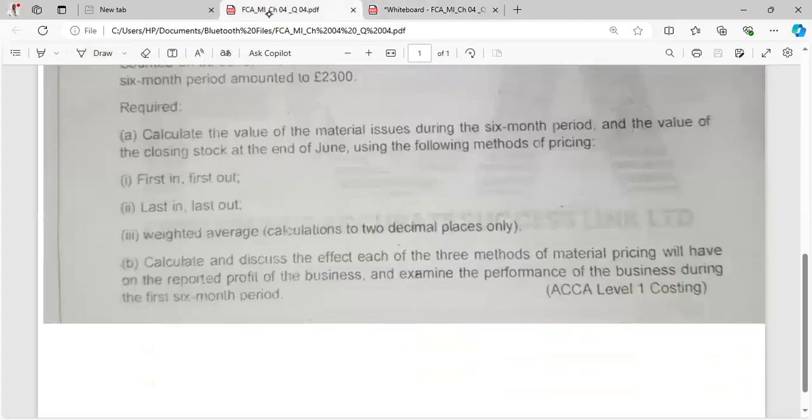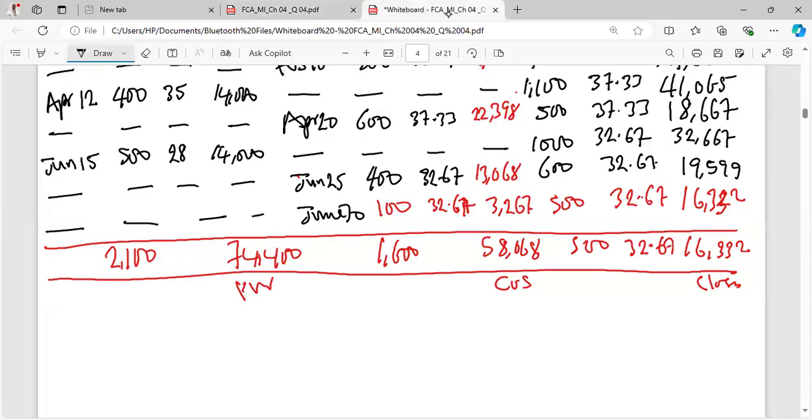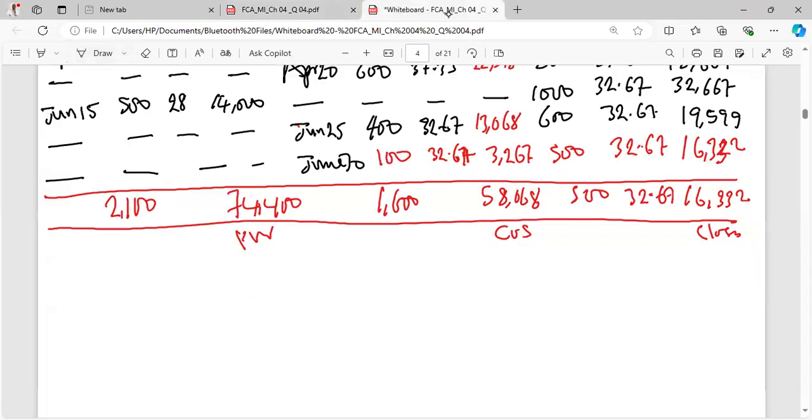The second part of the question is to calculate and discuss the effect of each of the three methods of pricing on the reported profit of the business. So what they're asking is to calculate profits. So we'll now calculate our profit.